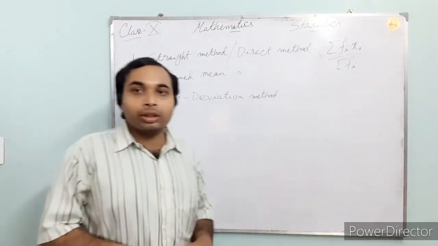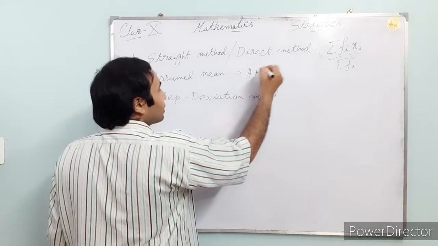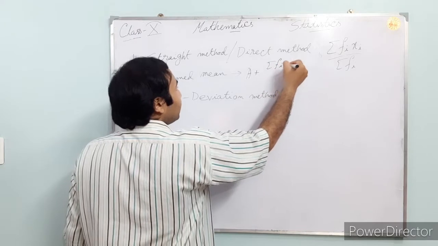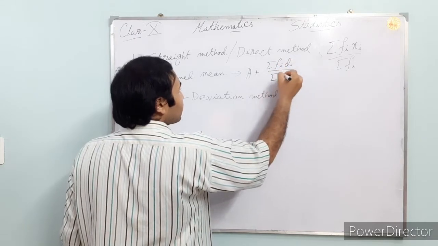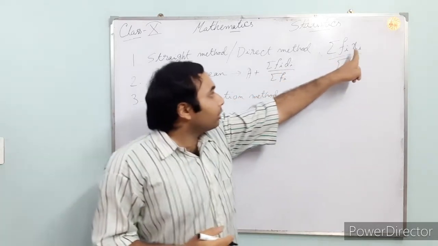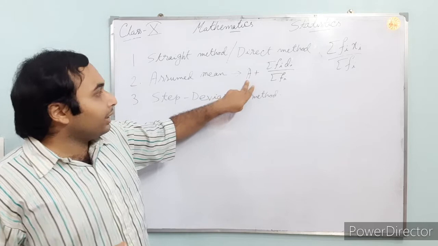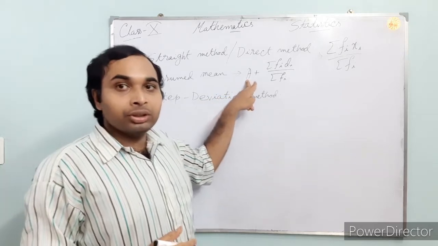For the assumed mean method, the formula changes to a plus summation fi di by summation fi. Here we are taking two terms, a, that is the assumed mean.